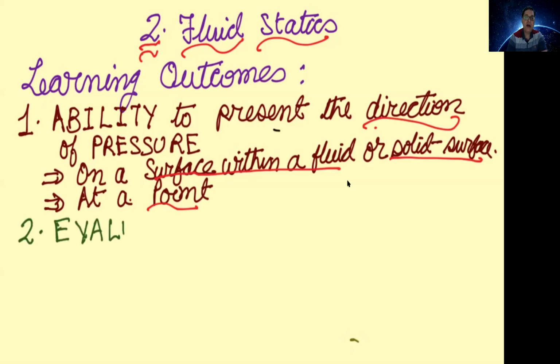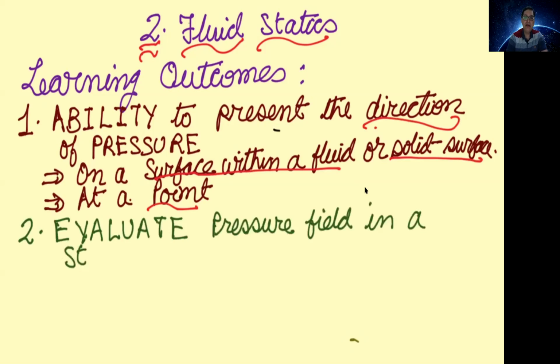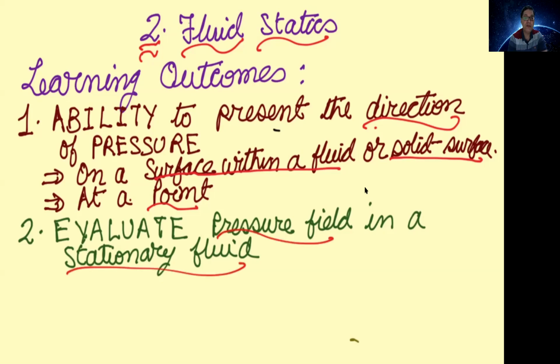And the second learning outcome is you should develop an ability to evaluate the pressure field in a stationary fluid. As I said, in fluid statics, pressure is like the actor in a picture of a fluid in a stationary situation. So for a stationary fluid, you should be able to evaluate the pressure distribution. That's the second learning outcome.